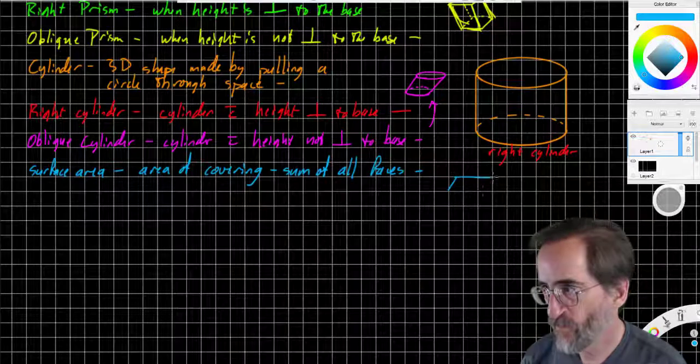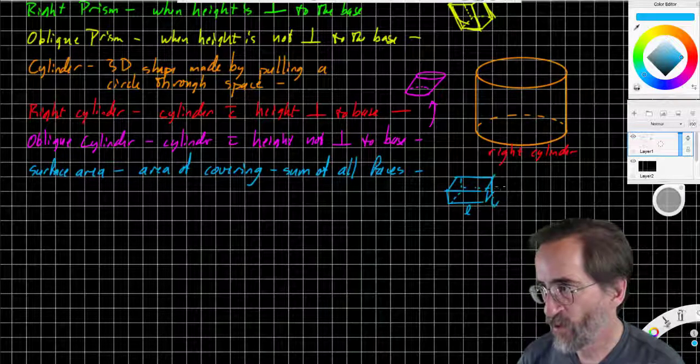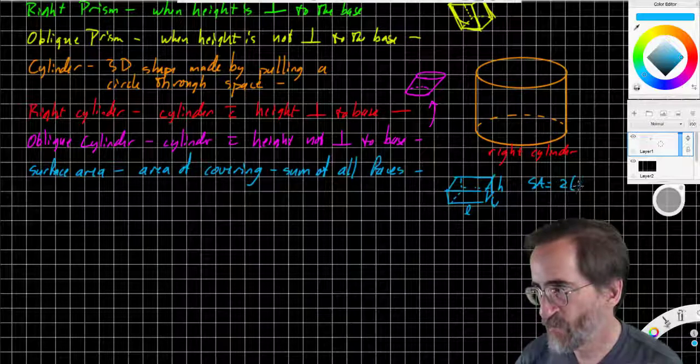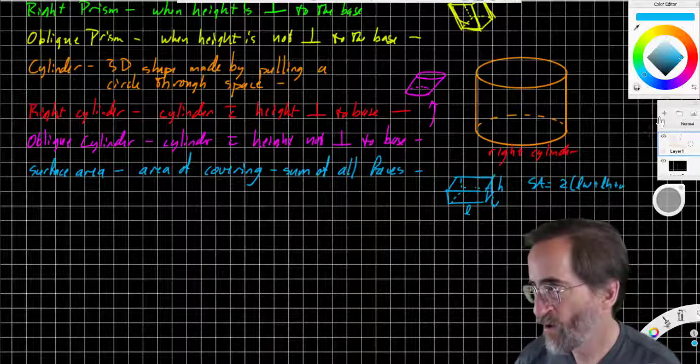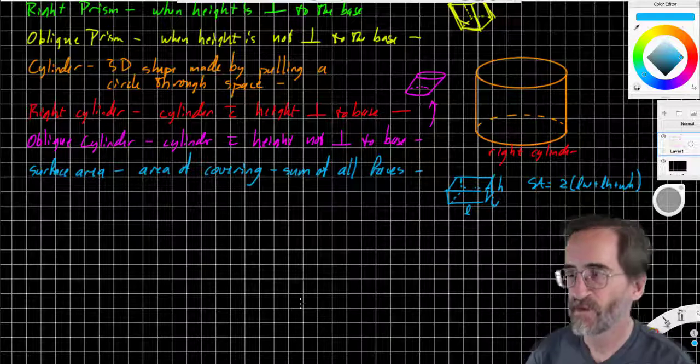Example, for a right rectangular prism with length, width, height, the formula for surface area is 2 times length, width plus length, height plus width, height. Okay, surface area.